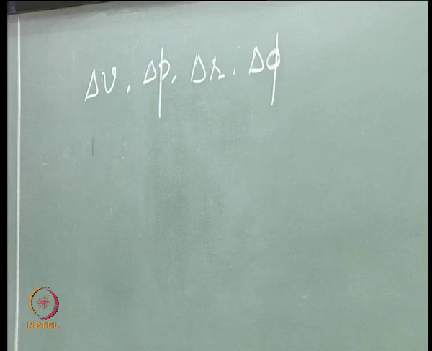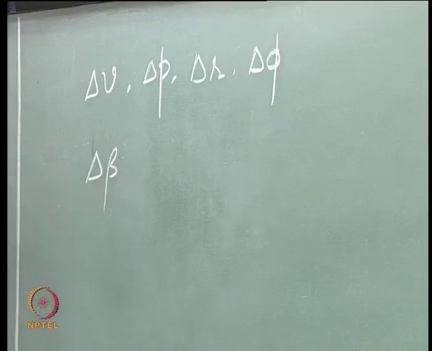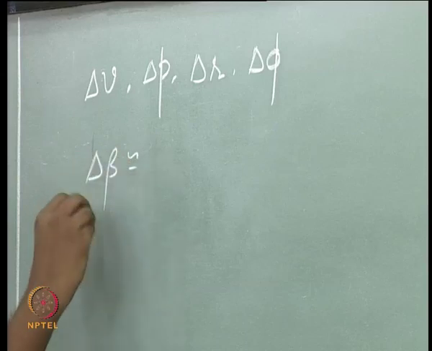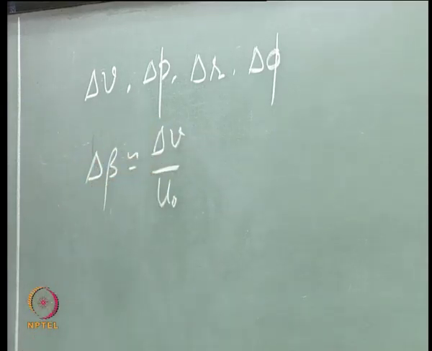This delta V can also be written in terms of delta beta, right. We are talking about wind disturbance, right. Disturbance is coming from the wind. So, we will talk about this angle delta beta, which is this, right.